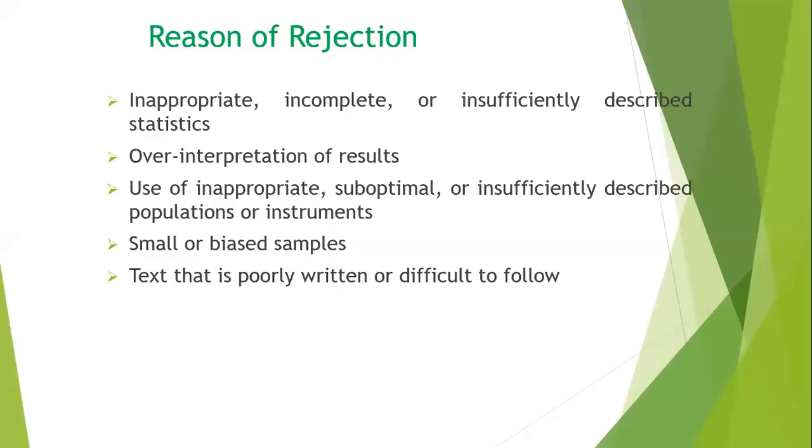So these are some of the most common reasons for which papers are rejected, and these are reasons for which the author should be very conscious, and he should take steps to rectify them when he starts the study.